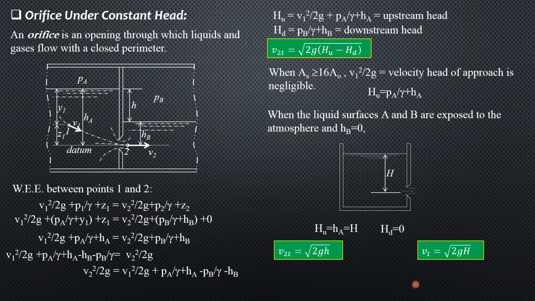So the general formula for actual velocity is introducing a coefficient which is close to 1 but less than 1 to this theoretical velocity. So it becomes C sub V square root of 2g big H. So C sub V, coefficient of velocity, square root of 2gH. This coefficient of velocity is close to 1 but less than 1. And we will define that later as the ratio of the actual velocity to the theoretical velocity.